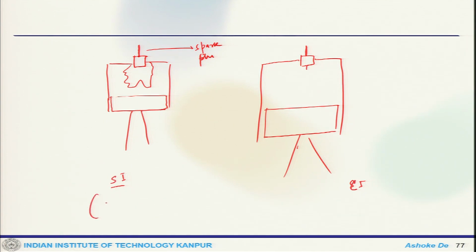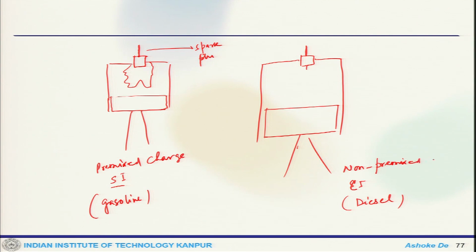So, this would be your gasoline, this is diesel. So, this is your premixed charge and this is non-premixed charge, and this could be your flame surface.